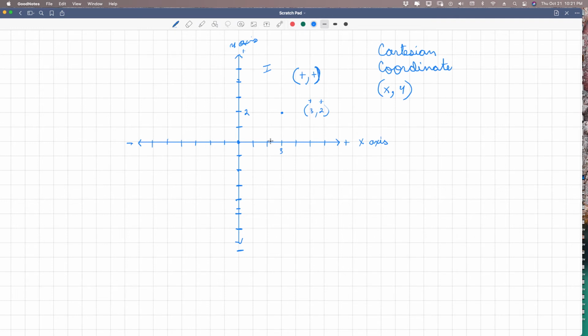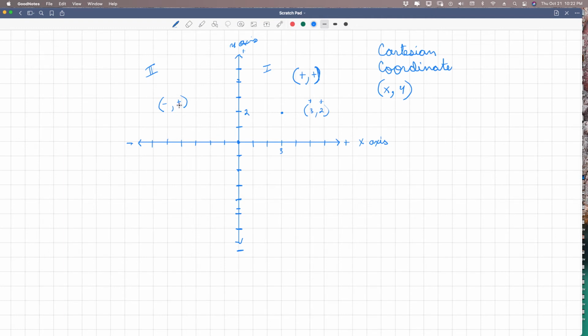In quadrant 2, our x becomes negative and our y is still positive. So you can just look at a number and know which quadrant of the map, or which quadrant of the Cartesian coordinate system it's on, by looking at whether it's negative or positive for the x and the y.